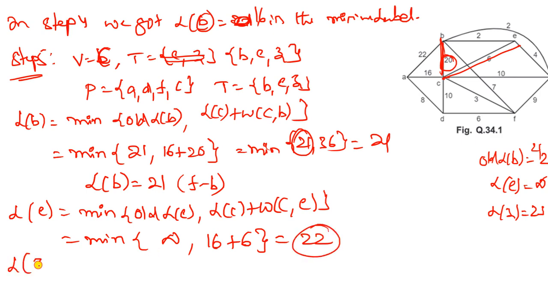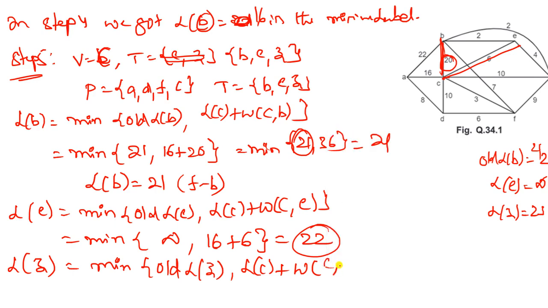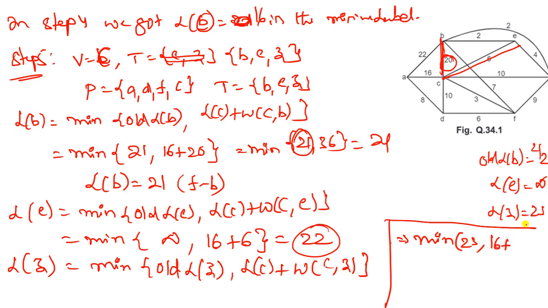And next L of Z, finally L of Z. So minimum of old L of Z value comma L of C plus weight between C comma Z. So L of Z value will be minimum of old LZ value 23, comma 16 plus, check whether the path between C to Z exists. Yes, the C to Z path is there and the value is 10.